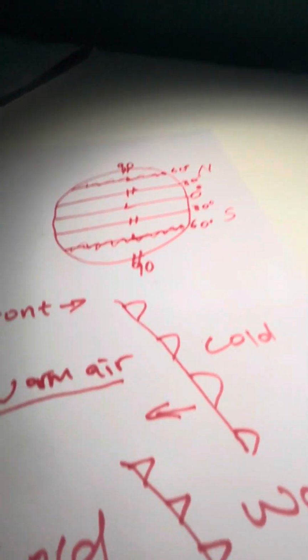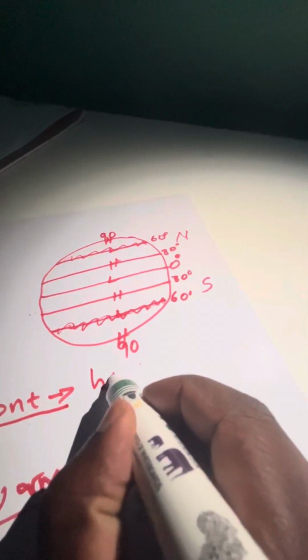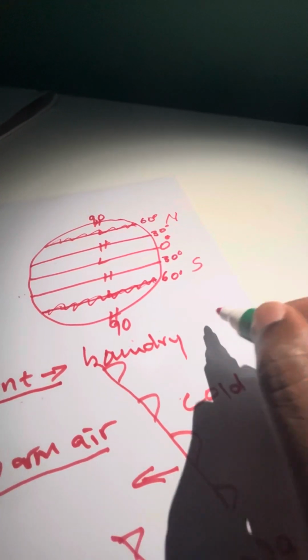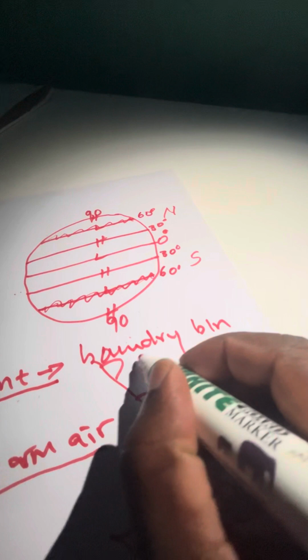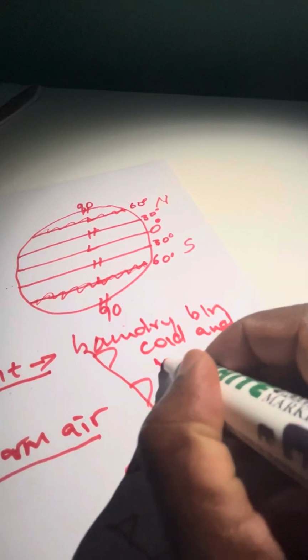Okay, and then as I said, a front is a boundary between cold and warm air.